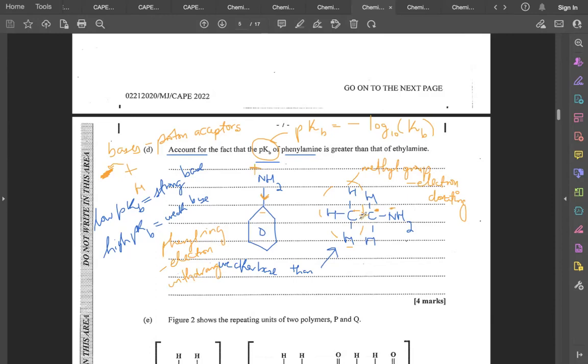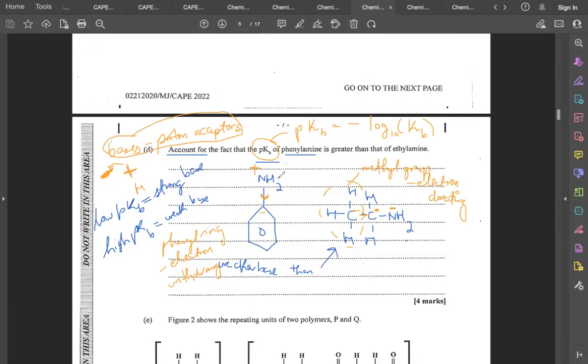So remember what we said earlier about bases being proton acceptors, right? So protons are positive, as we said. So it's going to be attracted to whichever is more negative, right? And so because this nitrogen is more negative, then hydrogen is going to be more attracted to over here than it would be to over here.